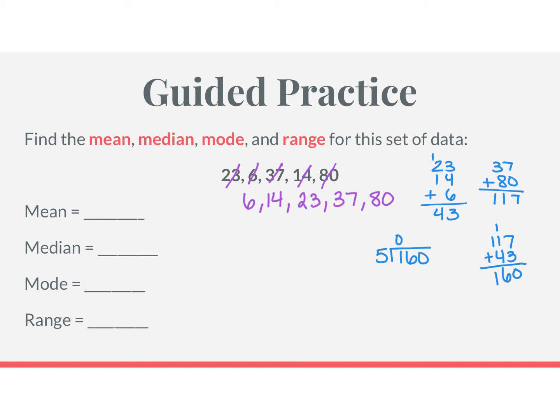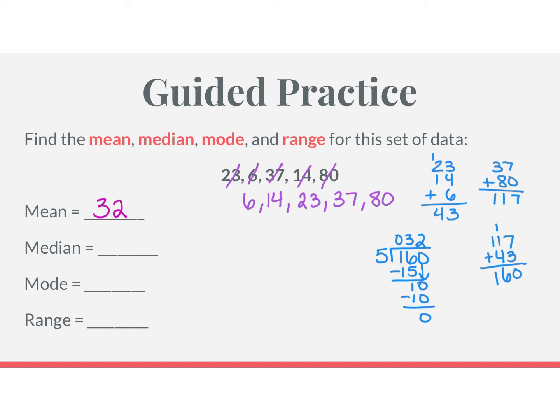Five cannot go into 1, but it can go into 16 3 times. Bring down our 0, and 5 can go into 10 2 times. So our mean for this data set is 32.